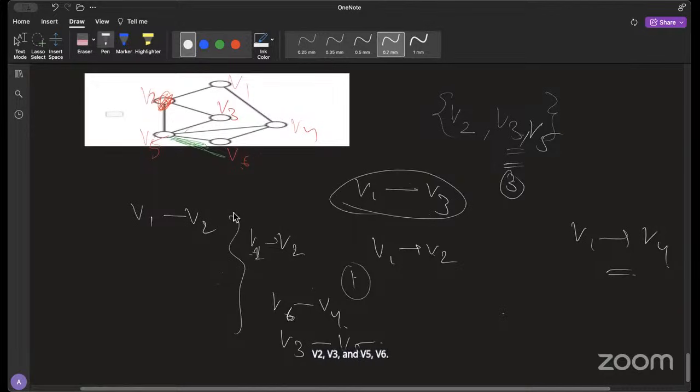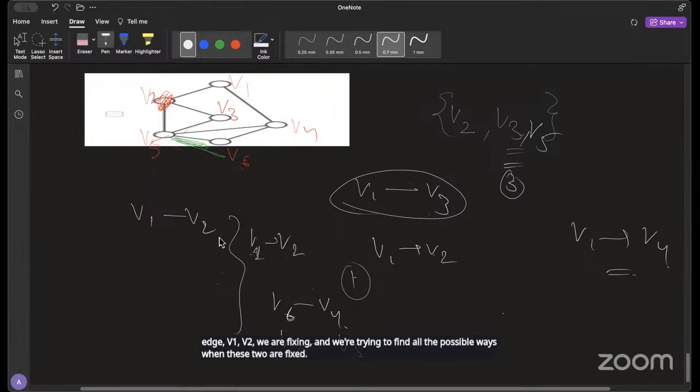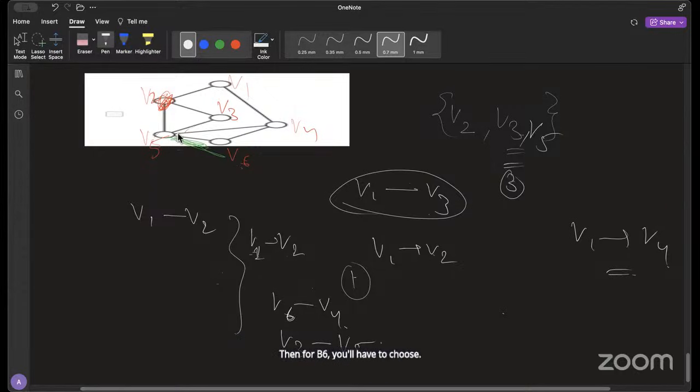Yeah, we're trying to go in a particular order. First, we're fixing this edge. V1, V2, we're fixing, and we're trying to find all the possible ways when these two are fixed. So we discovered that there's only one possible way, right? V1, V2 if you've chosen, then for V6, you'll have to choose either V5 or V4, but you can't choose V5. So you'll only have to choose V4.